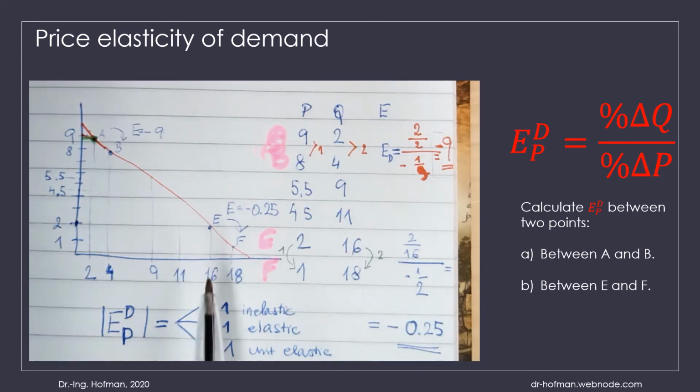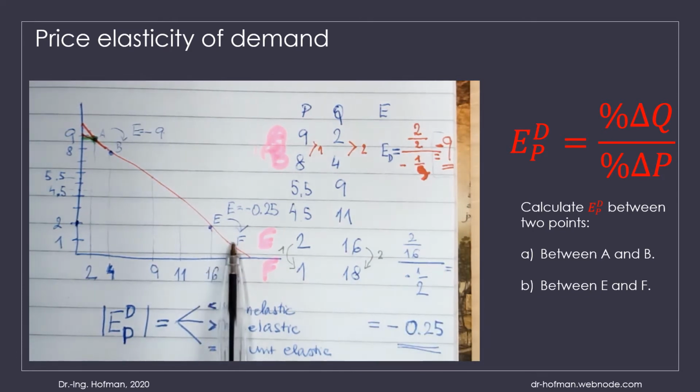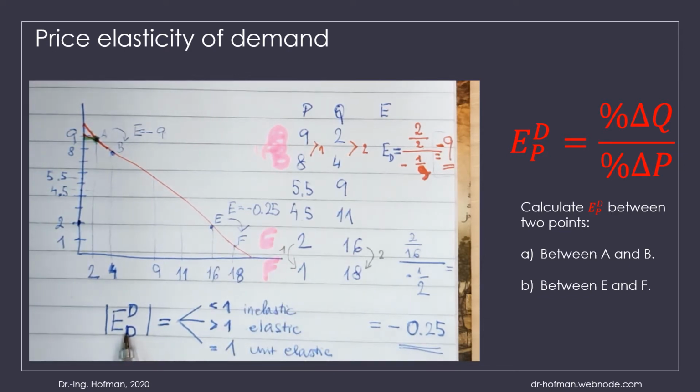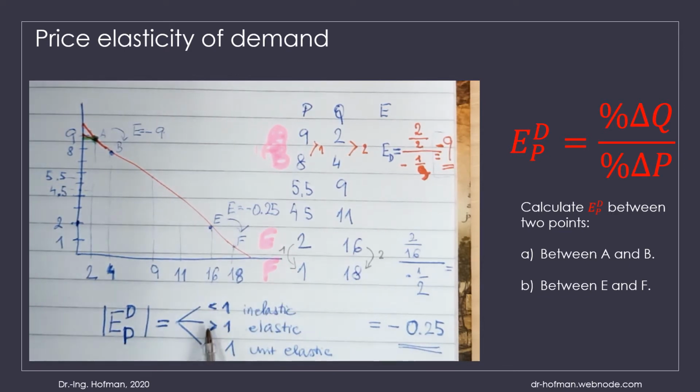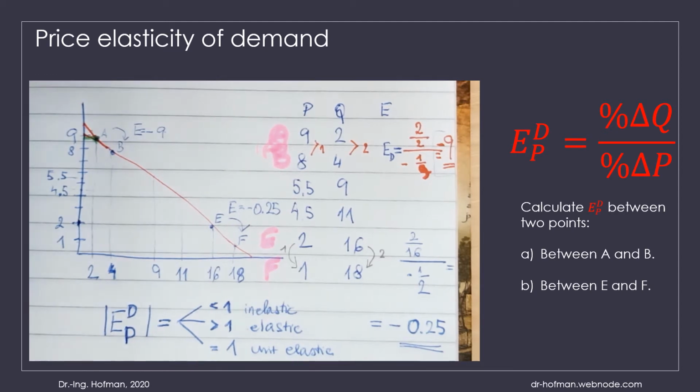And if we are in between the points E and F, it was minus 0.25, it is then in absolute value less than 1. The elasticity between these 2 points was inelastic.